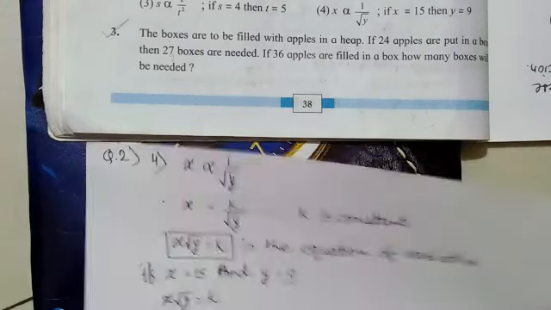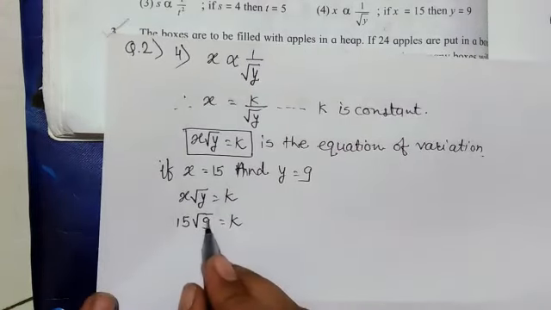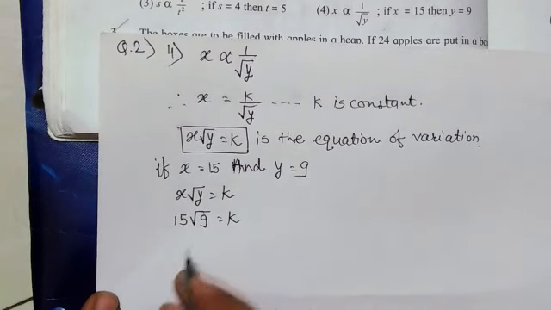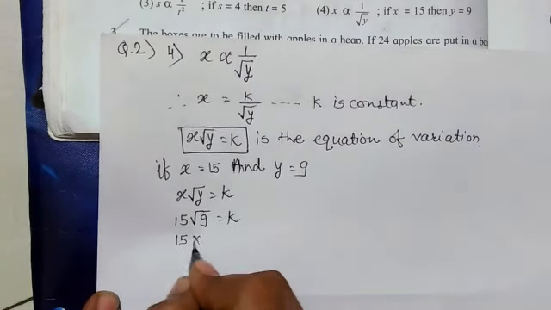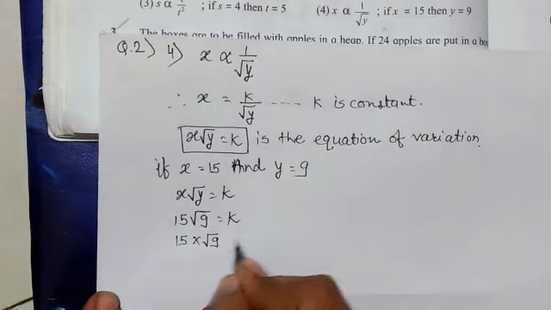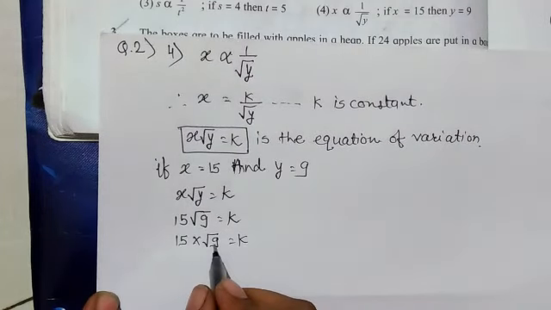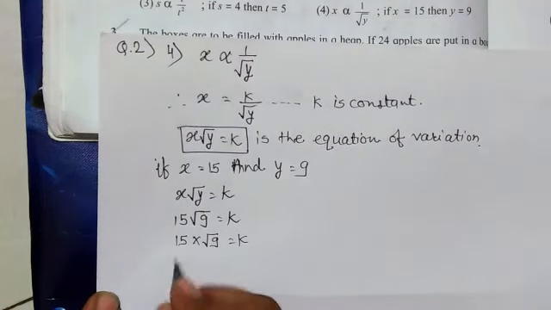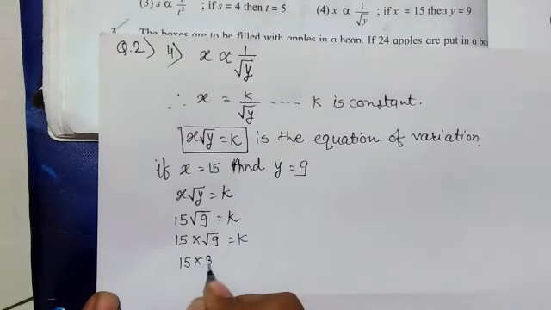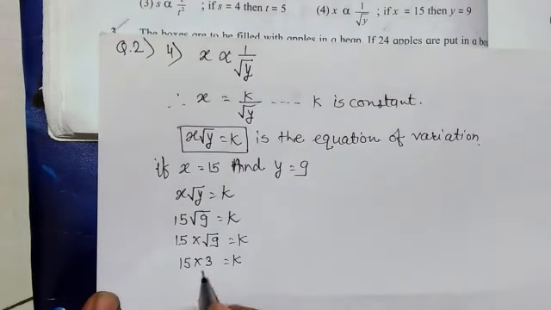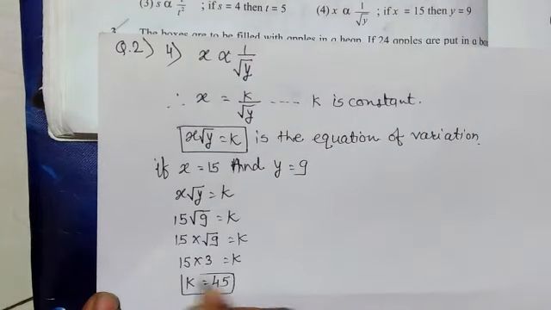As we know, the symbol between 15 and the square root is a multiplication. So 15 multiplied with the square root of 9 is equal to k. The square root of 9 is 3. So 15 into 3 is equal to k. 15 threes are 45. So k is equal to 45.